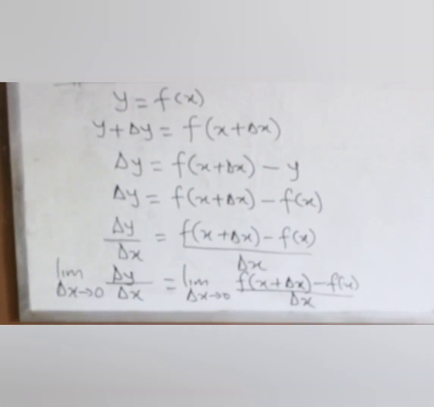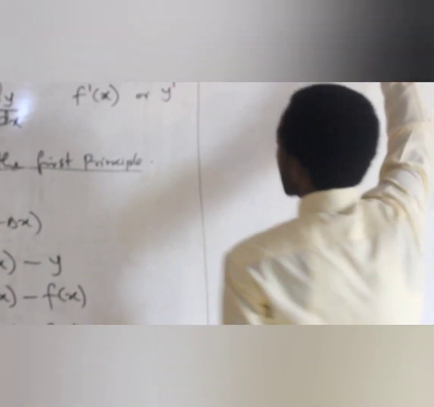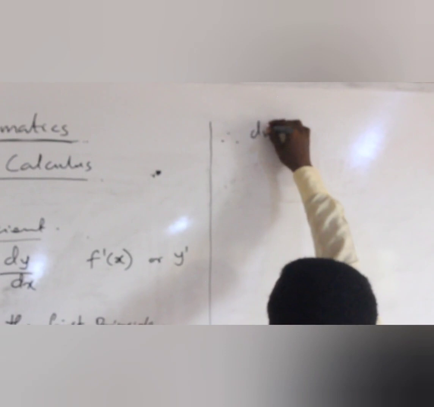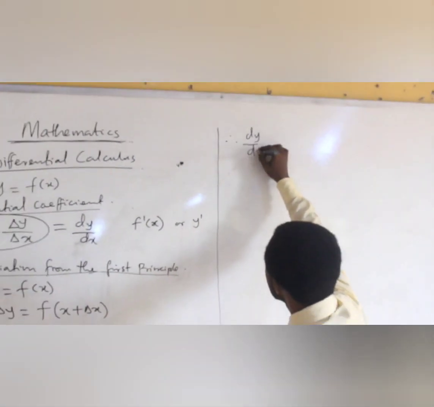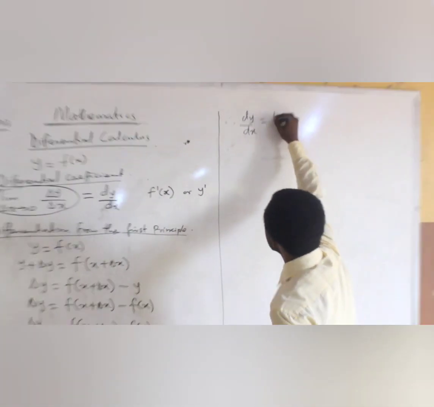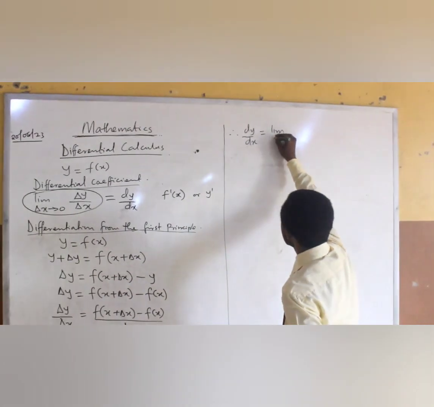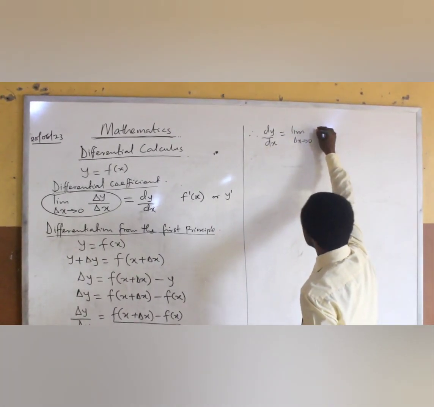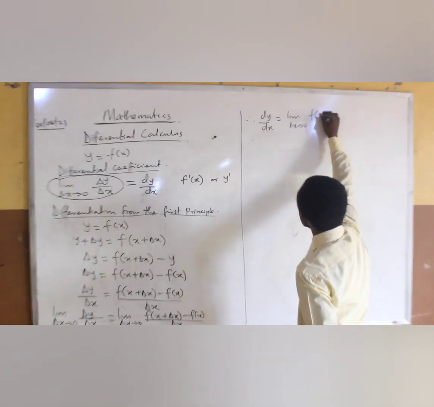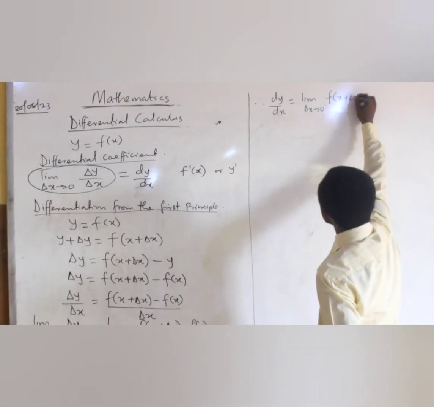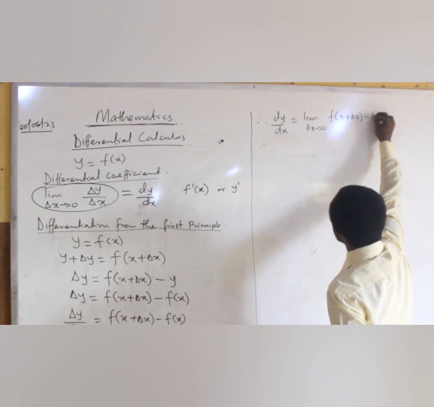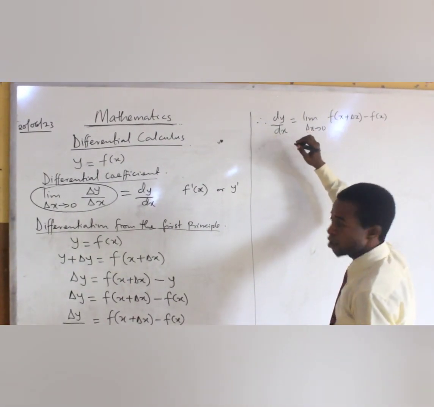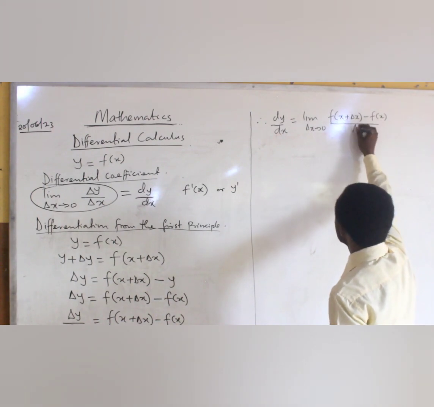So therefore, from the first principle, our differential coefficient, which is dy dx, is equal to limit as delta x tends to 0 of f of x plus delta x minus f of x over delta x.